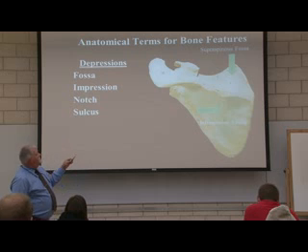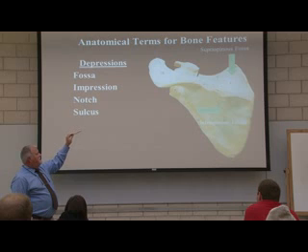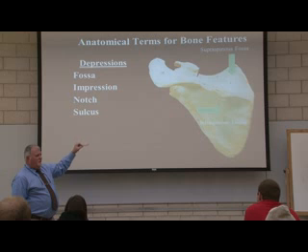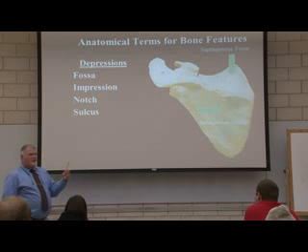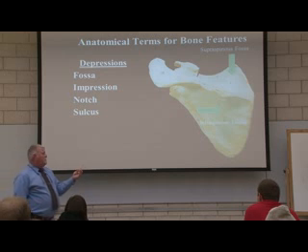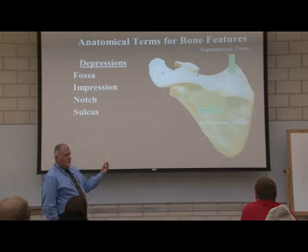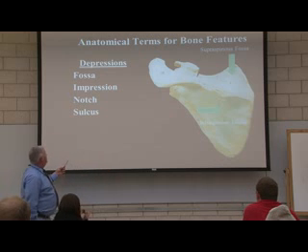We're going to learn a couple on the scapula where muscles sit: the supraspinous fossa and infraspinous fossa. The reference point is the spine. The supra is above the spine, the infra is below the spine. Again, descriptive words in terms of direction. Spine is the reference point, and then they're fossas.